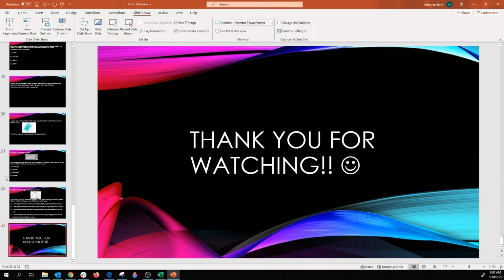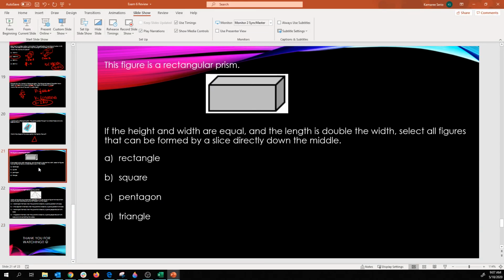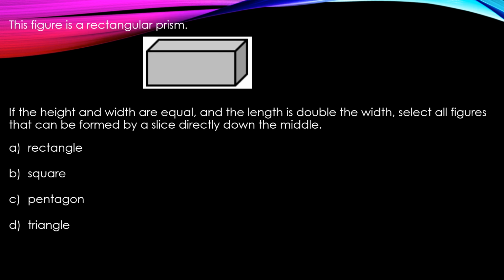Whoops, looks like we were almost done. We had 2 more. There we go. So a figure is a rectangular prism, and if the height and width are equal and the length is double the width, select all the figures that can be formed by a slice directly down the middle.